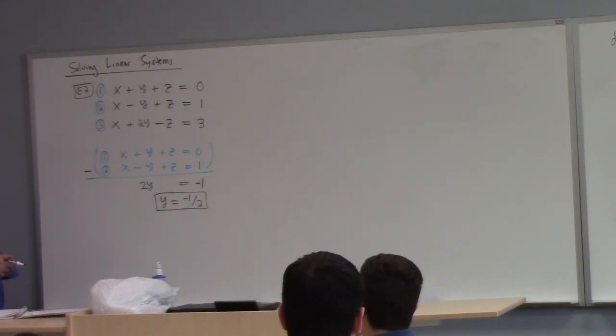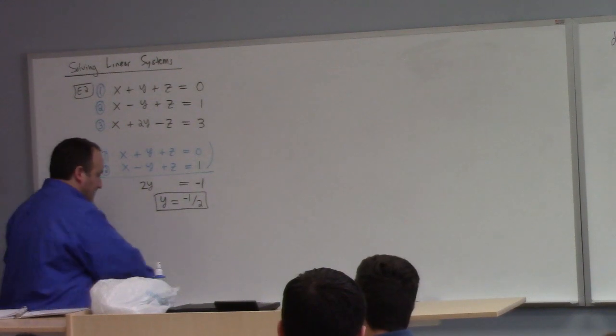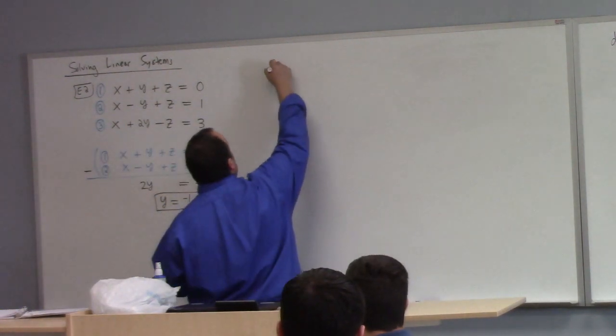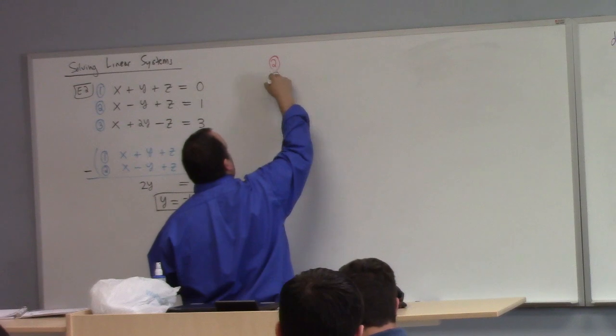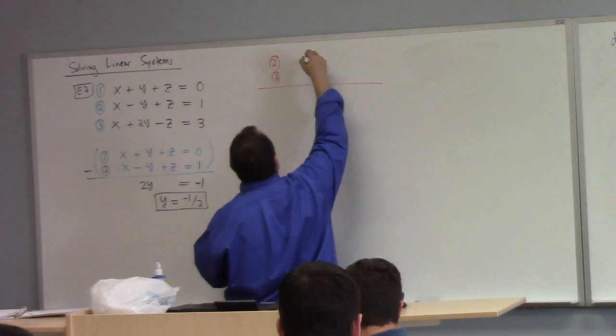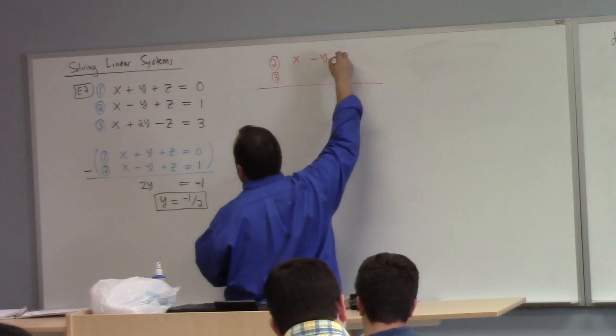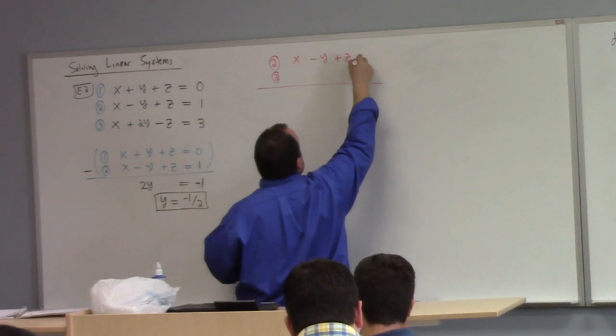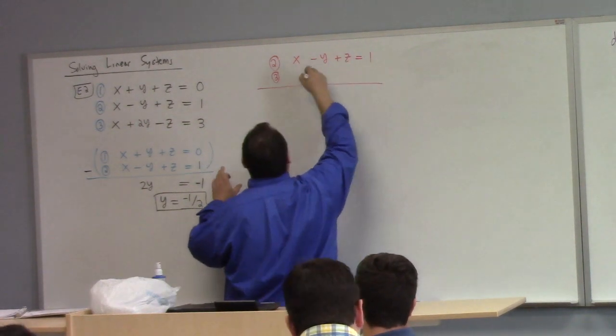What else is really nice here? How about what if we were to add equations 2 and 3? What would happen there if we did that? 2 and 3, let's add them. So I've got x minus y plus z equals 1.